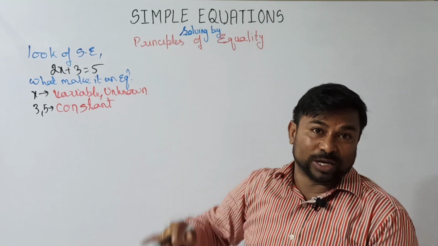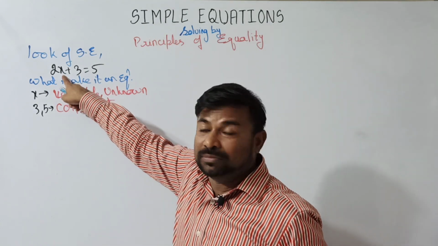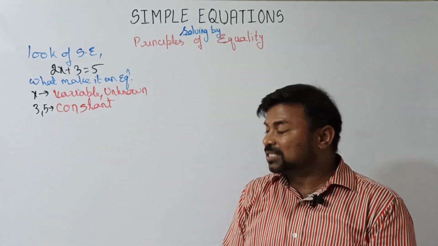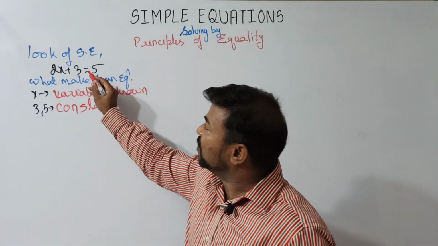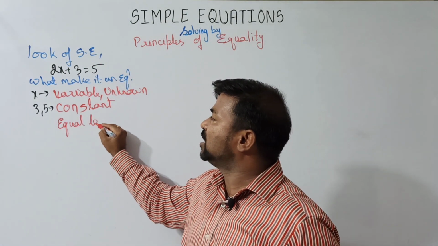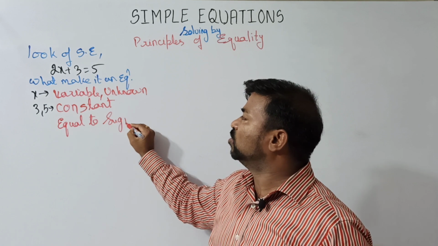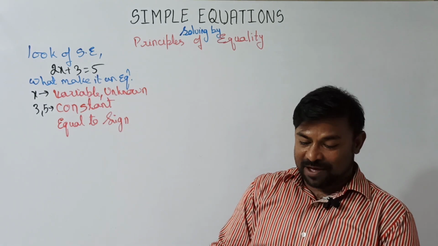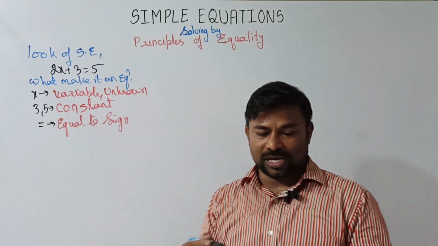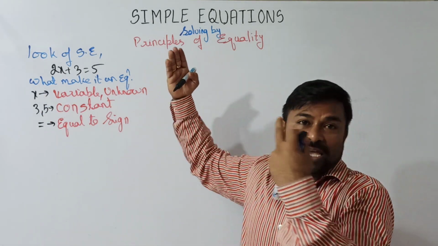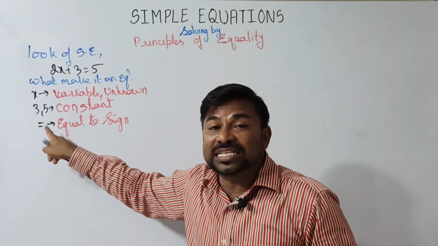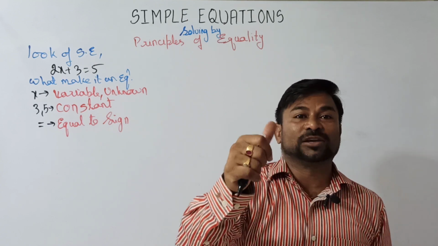X is a variable, 3 and 5 are the constants. And what else is there? Very important, the equal to sign. So all three: a variable like x or y, a constant which means a number, and an is equal to sign make up an equation for you.